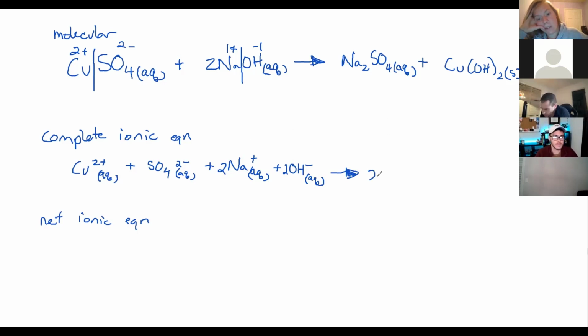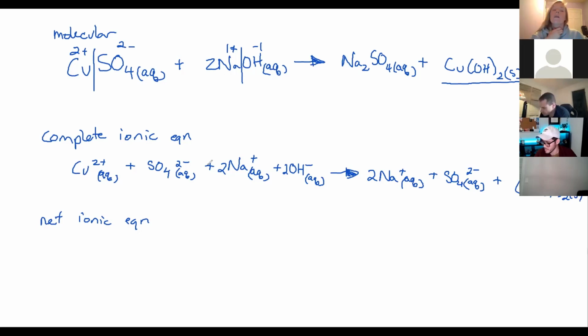So sodium, I've got 2 sodiums, Na+ aqueous. Sulfate, SO4 with a 2- charge, and it's also aqueous. There's only one of those though. Plus my solid. I don't have to break my solid up. So I just write it as Cu(OH)2 solid. That's the complete ionic equation.